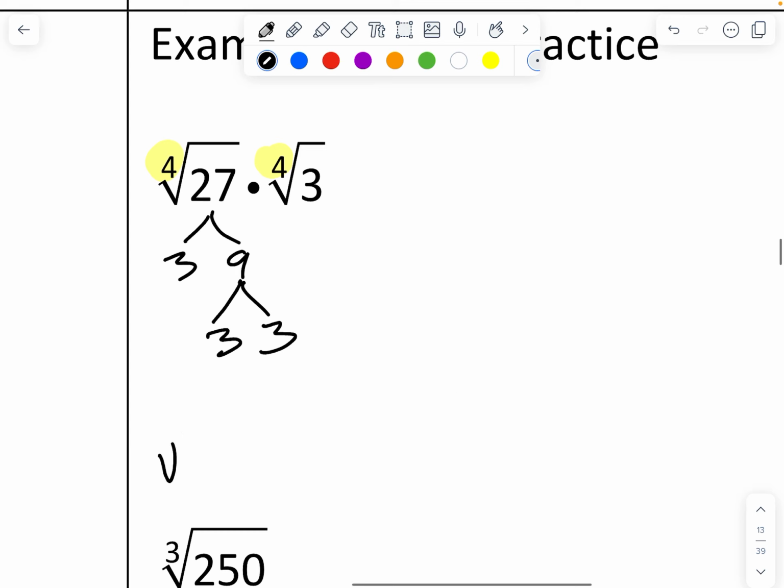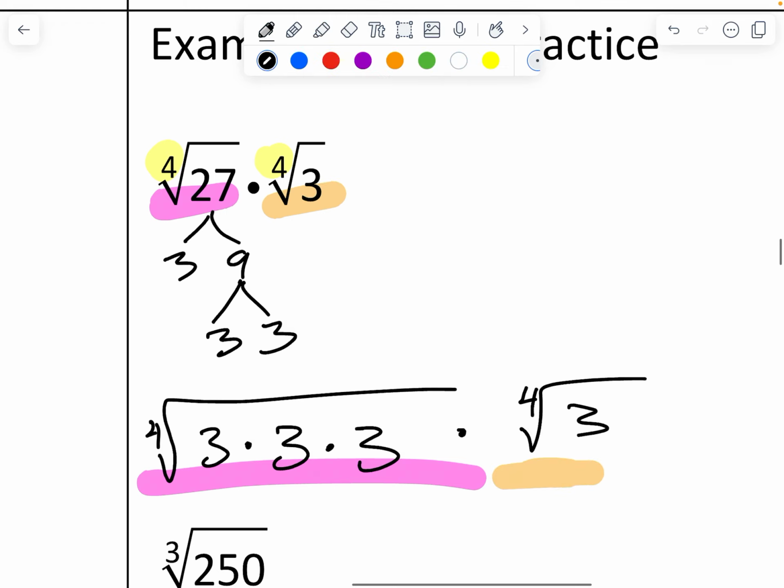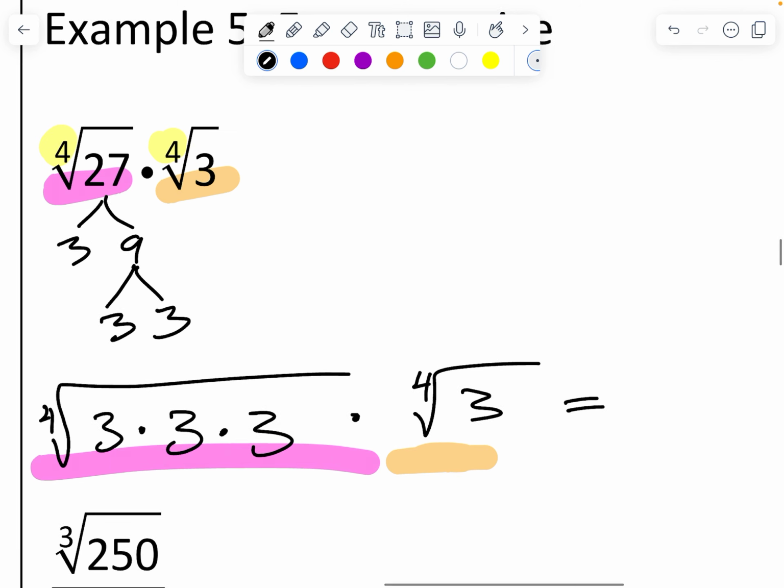So if I rewrite the 4th root of 27 as 3 times 3 times 3, right? That's the equivalent of that. Then I bring down my 1 more. Isn't that 4 3s? That's what we're looking for, right?